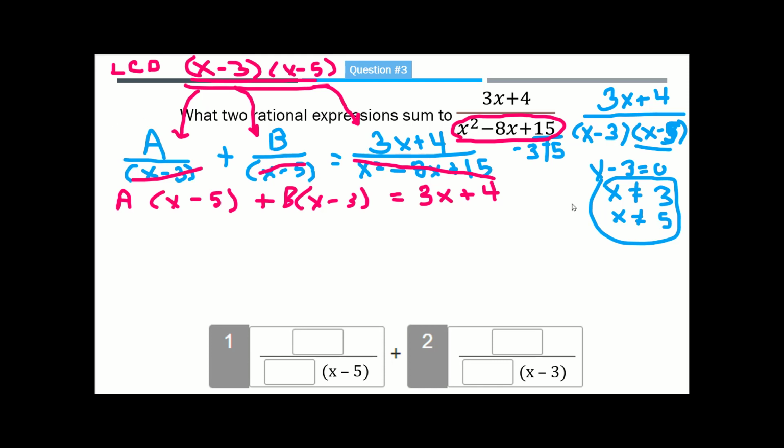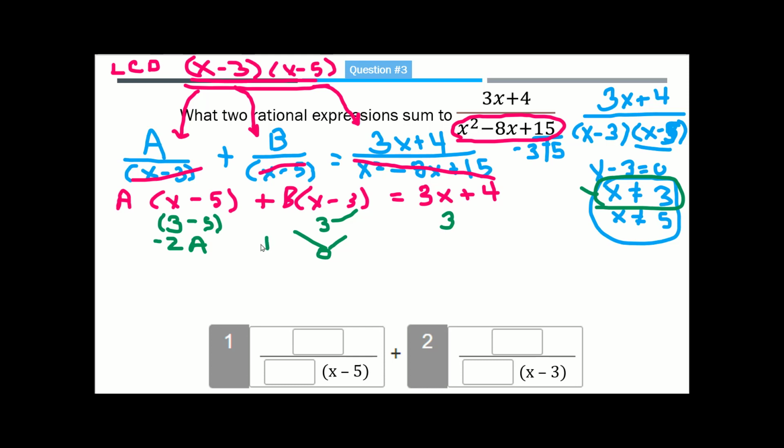All right, now this is where I go back to what I said x cannot be, and I'm going to plug in a 3 into this equation everywhere there's an x and evaluate what happens. So 3 minus 5 is negative 2A, and 3 minus 3 is 0, so that's going to become just 0.